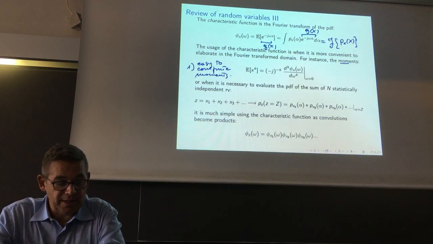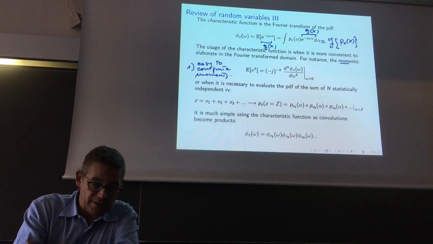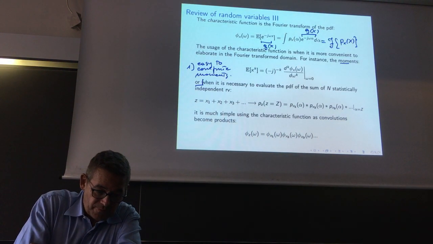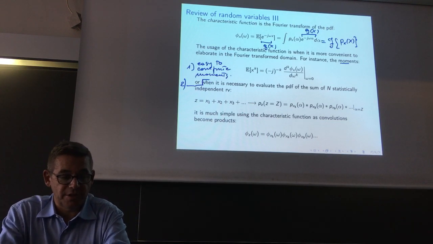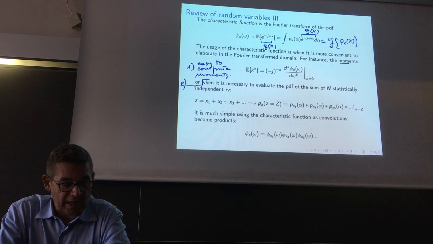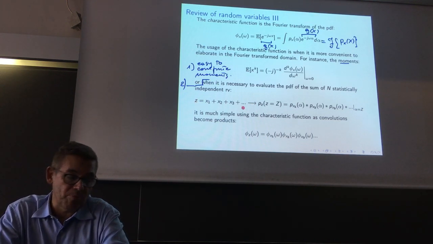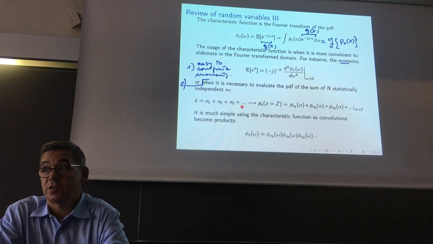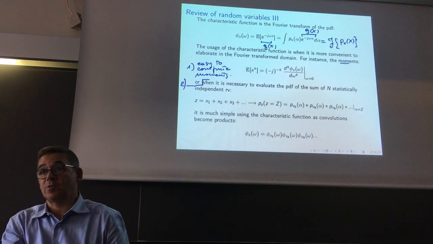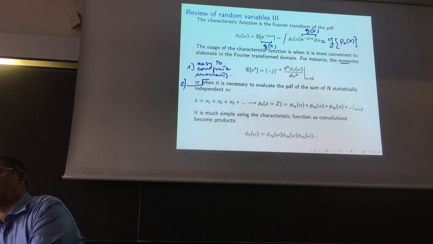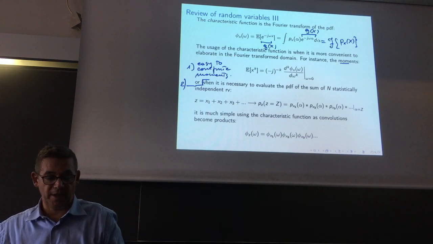The second reason is the following. Assume that I have a random variable which is the sum of many random variables: x1 plus x2 plus x3 plus x4 and so on.